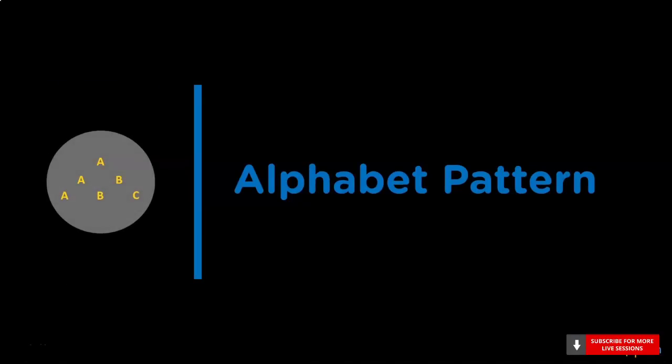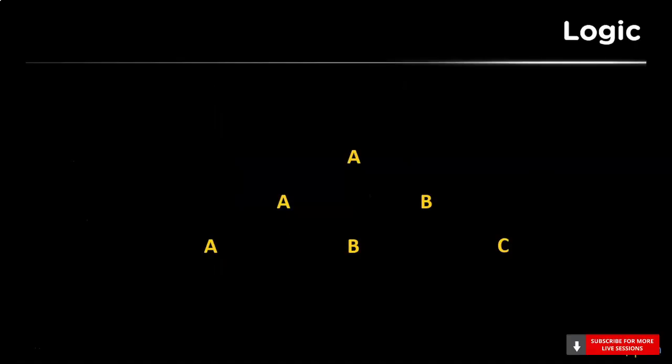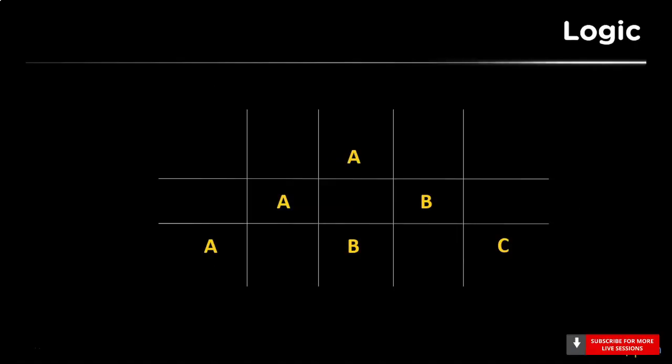So our next pattern is a pyramid again. So instead of numbers and stars, we are going to use the alphabetical values. Now let's check out the logic. Even here you can see the logic is similar to the pyramid logic. Now let's check out the code and execute the code and see the pattern.